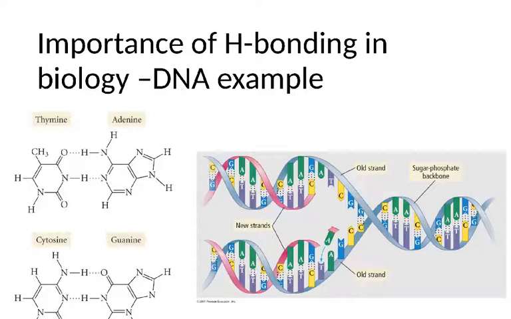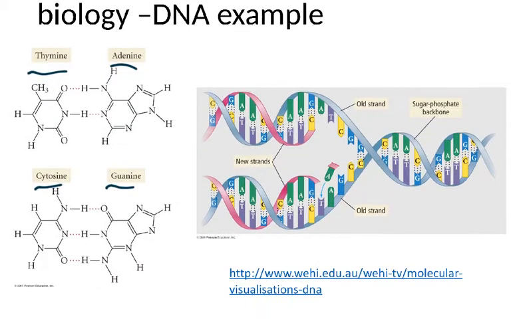It base pairs thymine with adenine, cytosine with guanine, and the way that DNA is synthesized is the hydrogen bond pattern is recognized by the enzyme doing the replication process, and so the correct opposite base pair can be put into place.